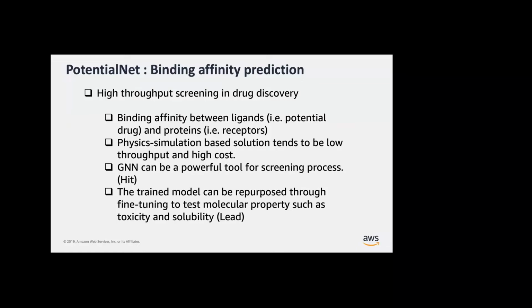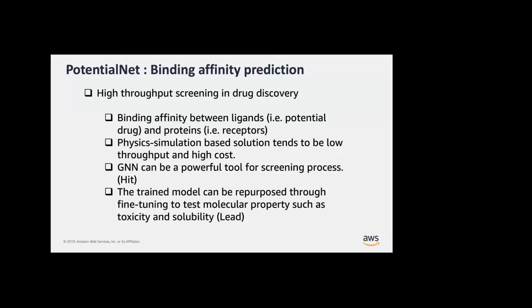Because you want to test the chemical properties of those molecules, such as whether the compound is hydrophobic or hydrophilic, which is whether it is water soluble or not, or whether the compound is toxic or not.